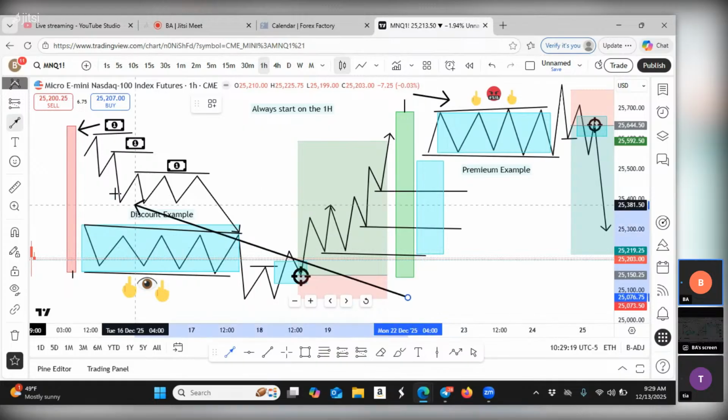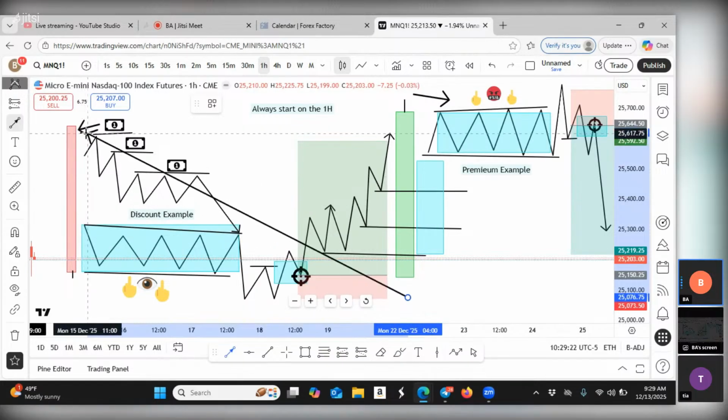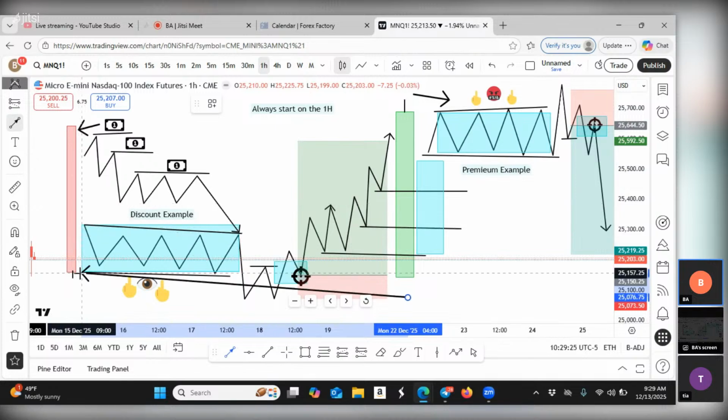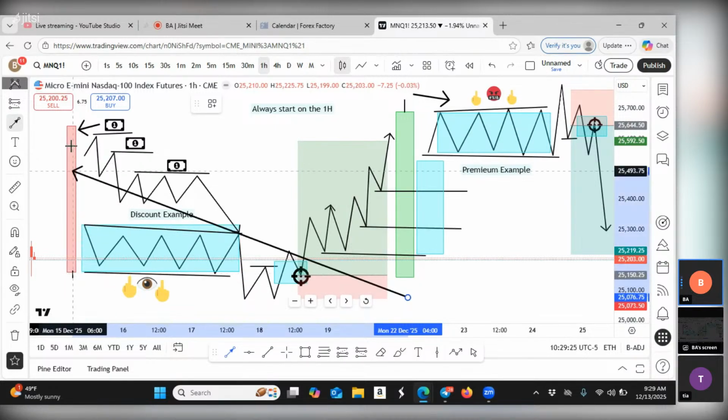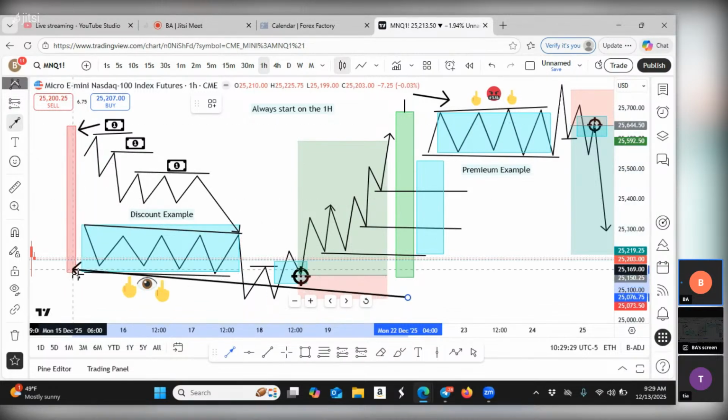Everybody that woke up late, they had their excuses. They see this big old red candle on the 1 hour, they're like, "Oh, this is in a downtrend," and they're going to sell down here at a discount. It's like saying, would you sell your $100,000 house for 25 cents to some random person? Would you do that?